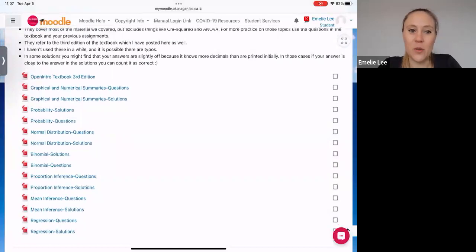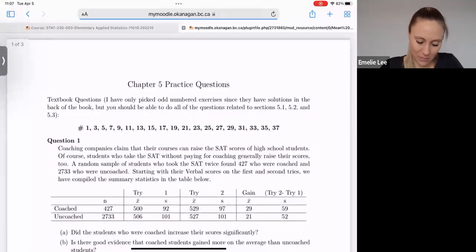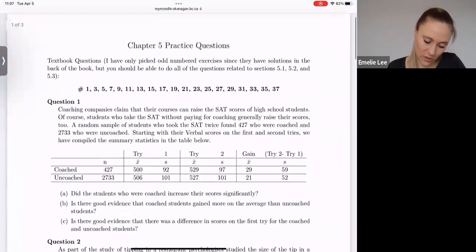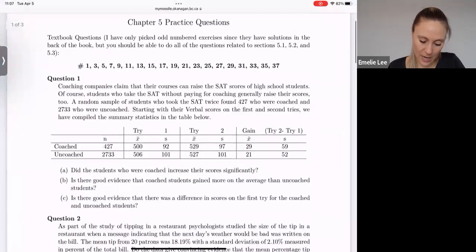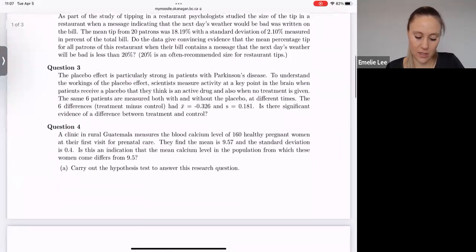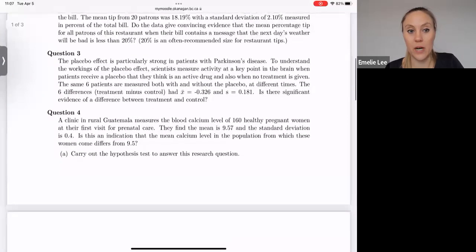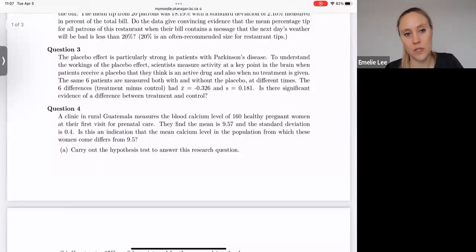But if you want more practice on these means questions, the mean inference, which used to be chapter 5, then these are going to be really good for practice. I've posted the solutions as well.